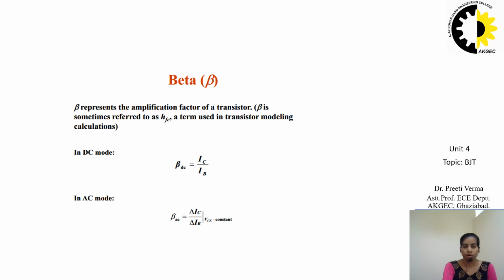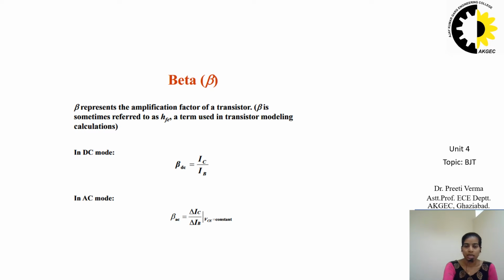The procedure for obtaining alpha AC from the characteristics curve can also be used, but we are not discussing it here due to the difficulty of actually measuring the currents IC and IE on the characteristics.